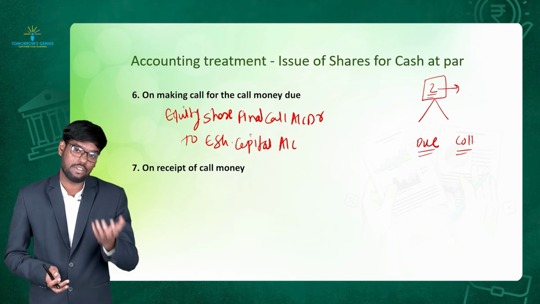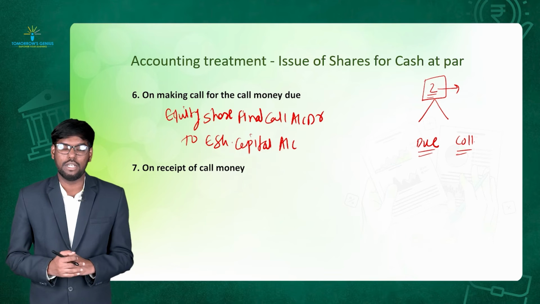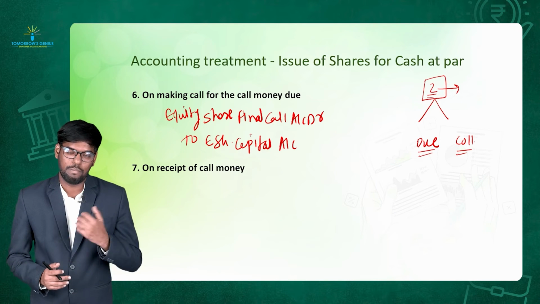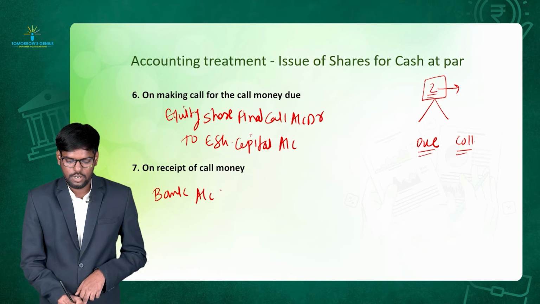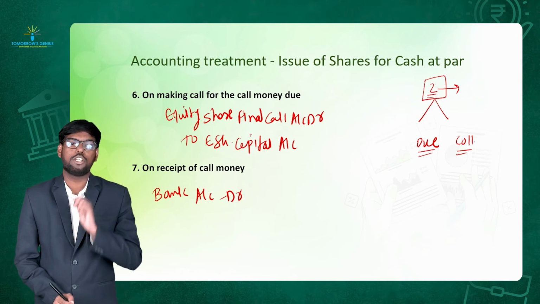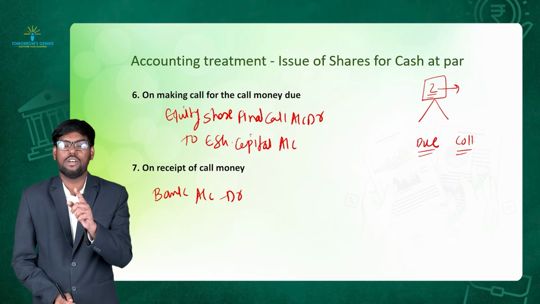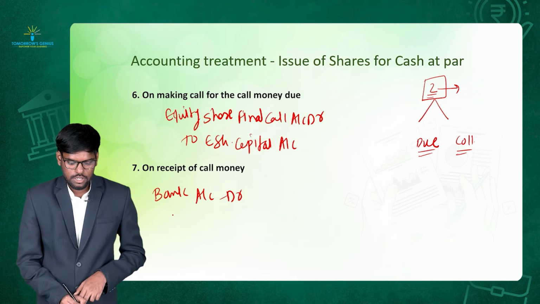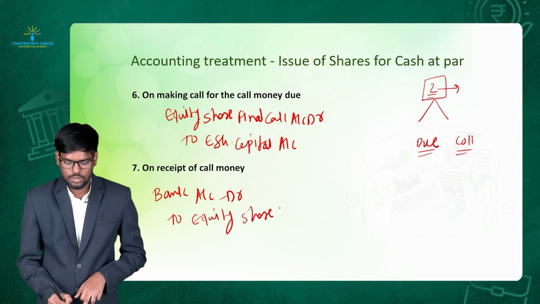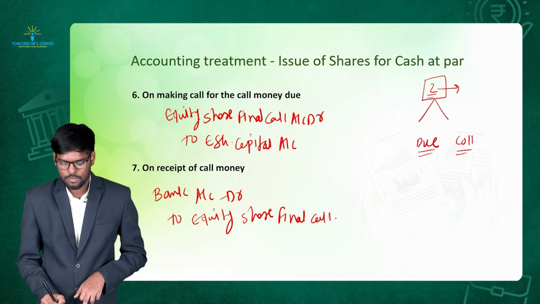Now once you receive that money, what do we have to do? Simply we have to debit bank account, right? So the entry will be bank account debit. And which money have you received? You have received final call money, so you have to credit equity share final call account.